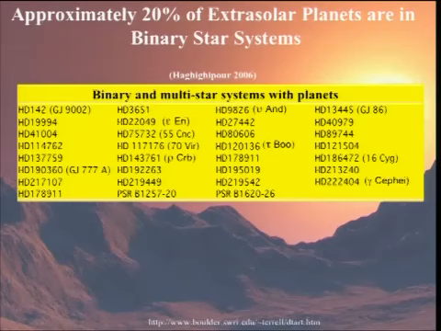One critical point about this table is that, except for a couple or three cases here, the majority of these binaries are wide. The separation is between, say, 250 and 12,000 AU.